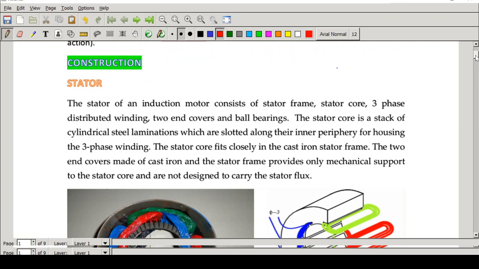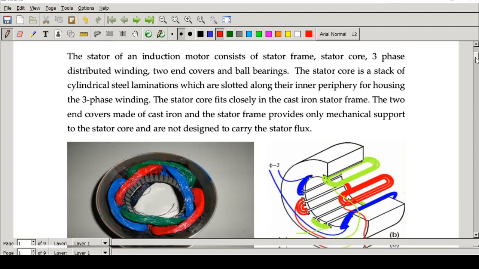Any machine, whether it is a DC machine or an AC machine, consists of mainly two parts. One is a stationary part which you call the stator, and the other one is the rotating part called the rotor. Now we will go through the stator of a three-phase induction motor. Let us see the main components of the stator.